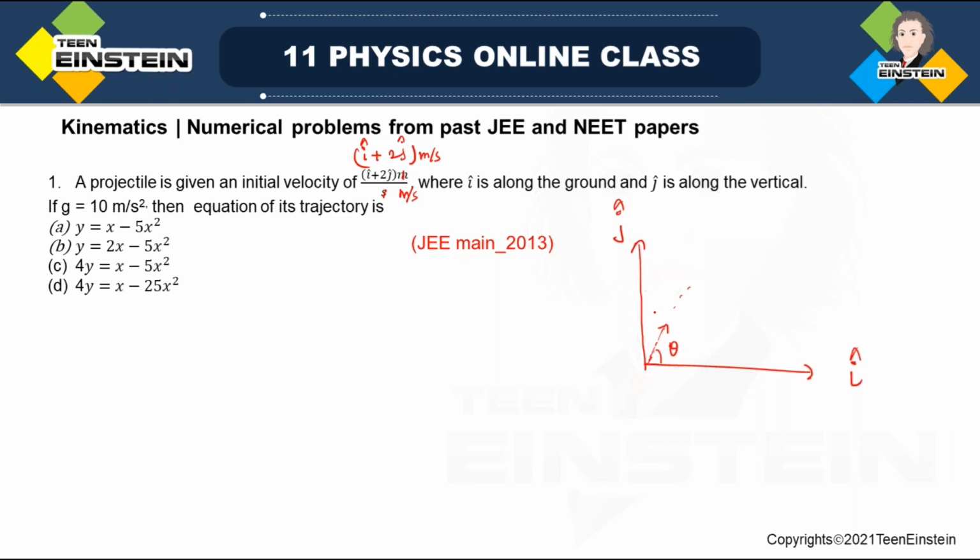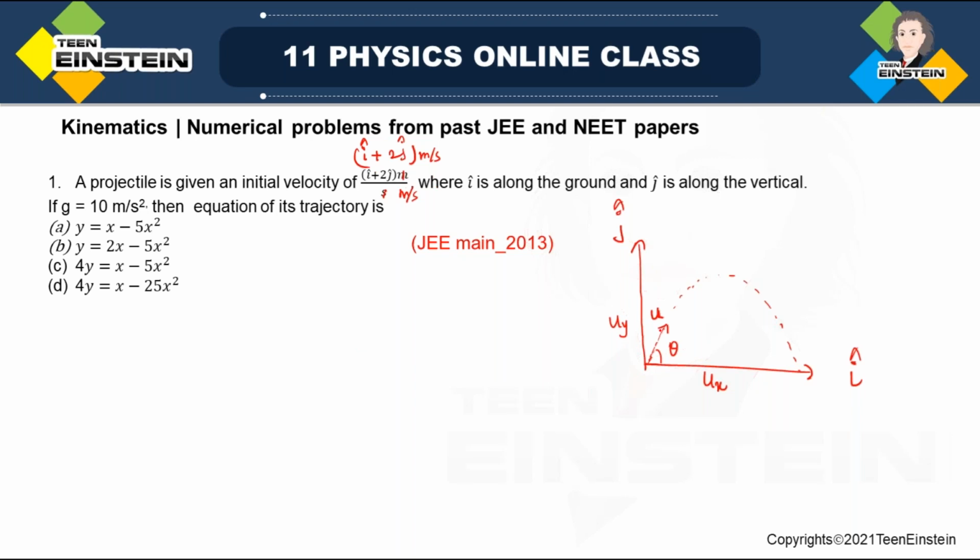So suppose this is the total velocity having magnitude u, and it has components ux and uy as well in this direction. Okay, so as we know, the trajectory will be something like this. This is a parabola.